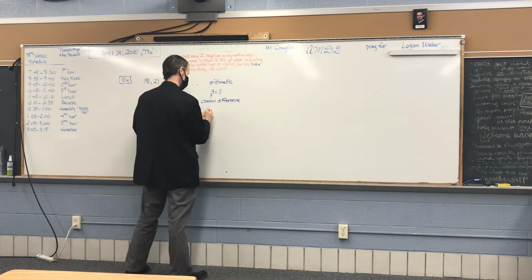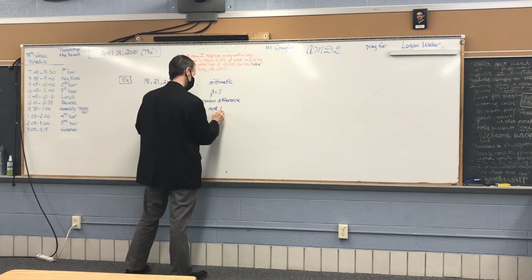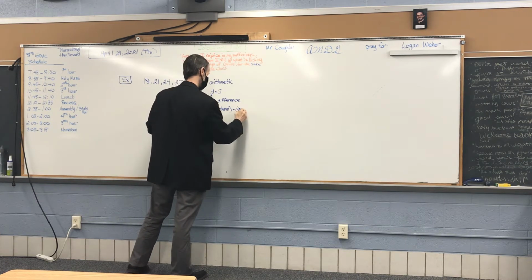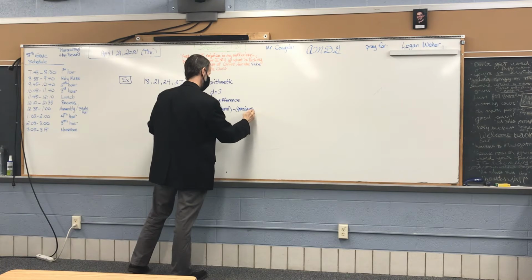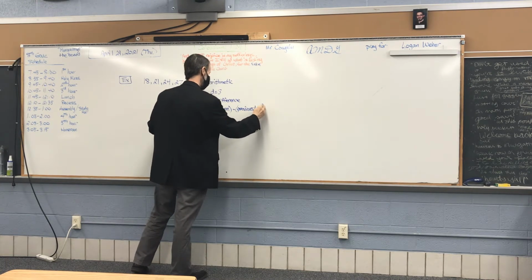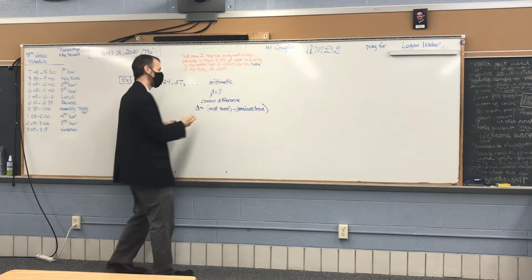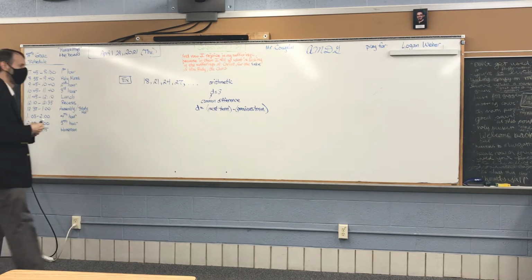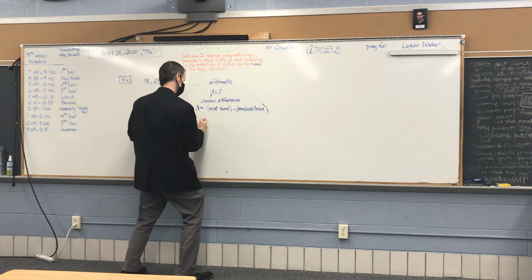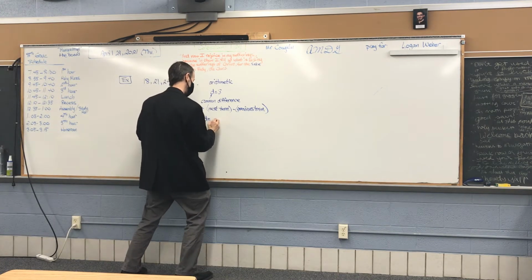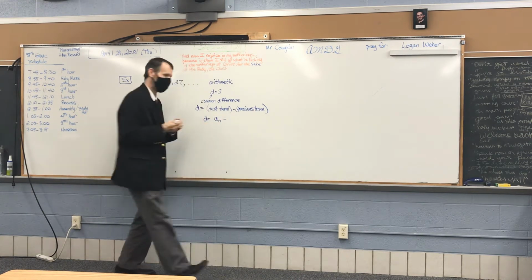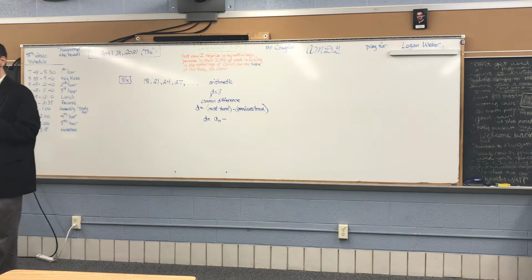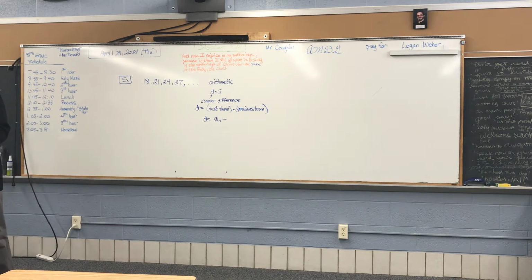In other words, the next term minus the previous term. If you ever get stuck in trying to find D, D is where you take the next term minus the previous term. The code for that, D is equal to A sub n minus, can anybody give me the code for the term before A sub n?